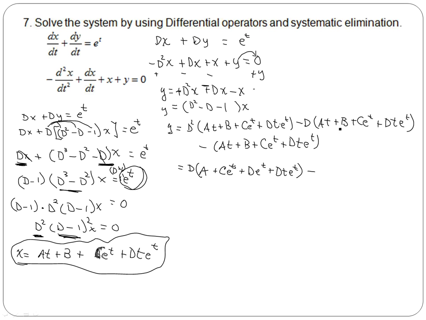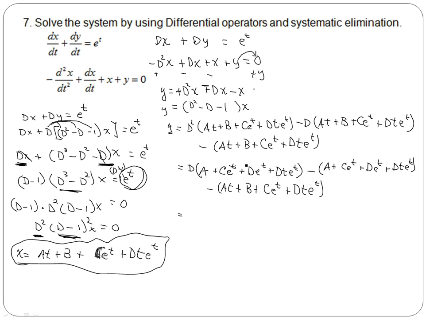And then minus the derivative of that same function gives me what I have in parentheses here, a plus c e to the t plus d e to the t plus dt e to the t, minus at plus b plus c e to the t plus dt e to the t.